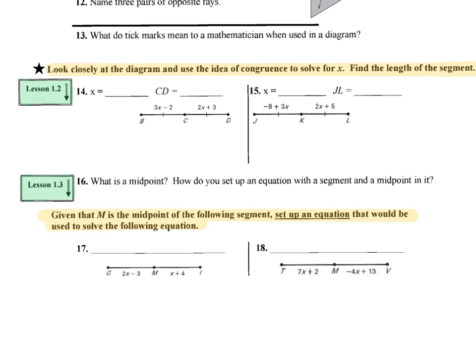On the first questions, notice that they put the tick marks on there, and that means that those segments will be equal to each other. When you get down to the bottom questions, they actually use the word midpoint, and that means that that is in the middle and the 2 sections are equal. So these are all the same question, given to you 2 different ways.